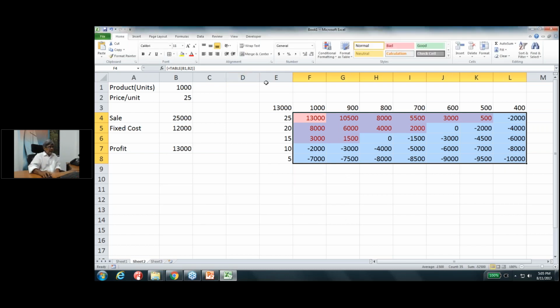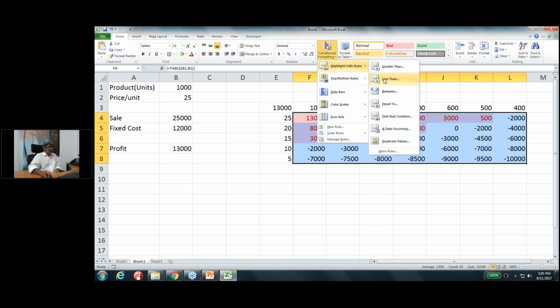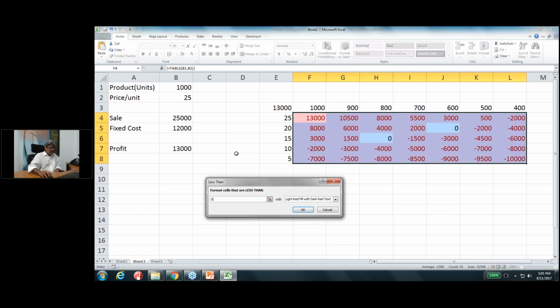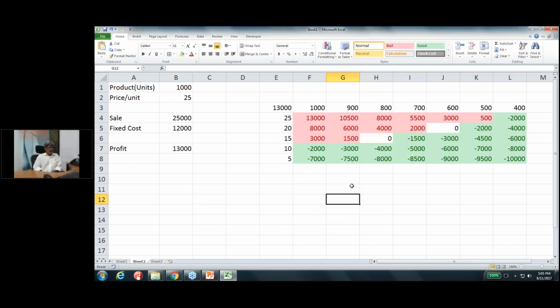And then conditional formatting once again, and then highlight cells less than 0, and then we need to use a different format, and click OK.